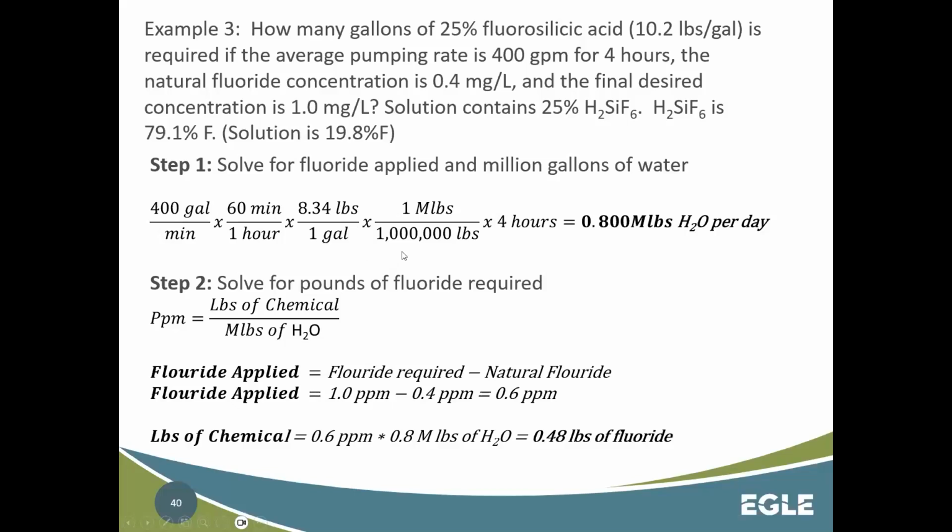And then we convert from 1 million pound unit to 1 million pounds. So the pounds will cancel, the gallons will cancel, the minutes will cancel. And then we'll multiply that by 4 hours, because that's the amount of time that we pumped. If we multiply all of that together, we get 0.8 million pounds of H2O were produced that day.